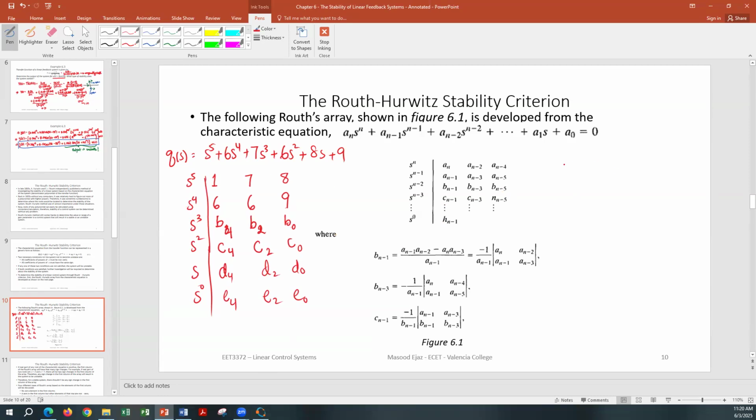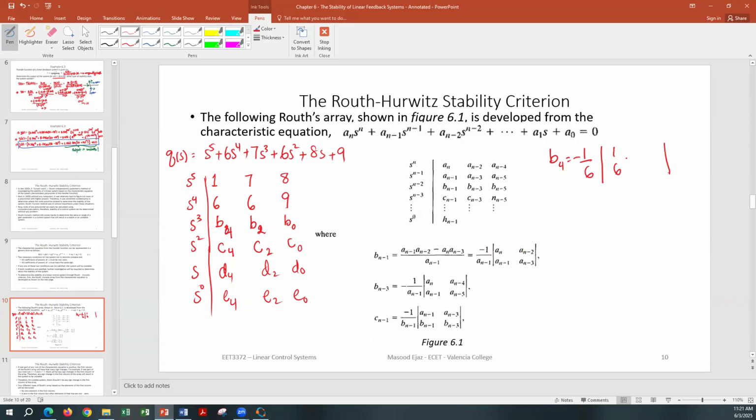So B4, let me do it here. So B4 is going to be negative 1 over an minus 1. An minus 1 is this. So negative 1 over 6, and your determinant of 1 and 6, an and an minus 1, and an minus 2 and an minus 3.